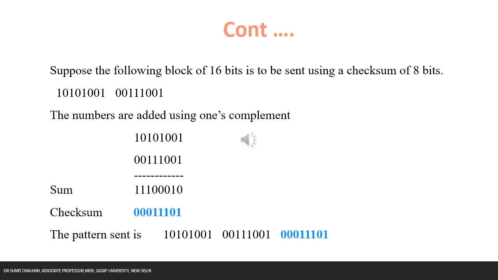Then we'll make a complement of it, that is called the checksum. So I'll replace 0 with 1 and 1 with 0. That would be the 1's complement. And the pattern that would be sent would be 1 0 1 0 1 0 0 1 0 0 1 1 1 0 0 1. Now the checksum is 0 0 0 1 1 1 0 1.